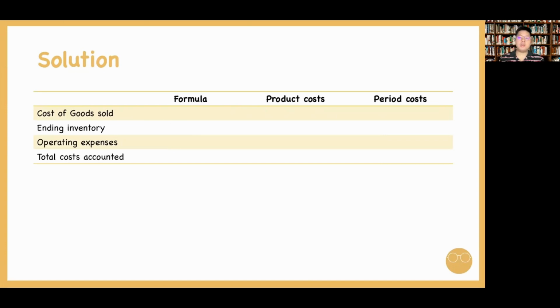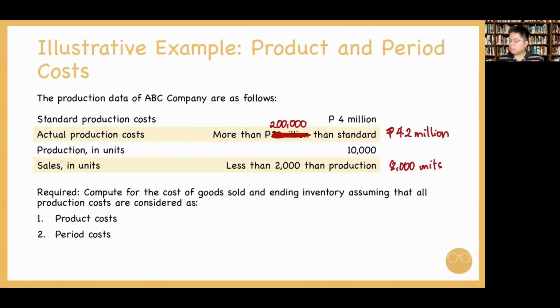If we go back to our given, the standard cost here is 4 million and we are going to use the production in units of 10,000 units. So we will compute the unit production cost, which is equal to 4 million pesos divided by 10,000 units. That will be equal to 400 pesos per unit.